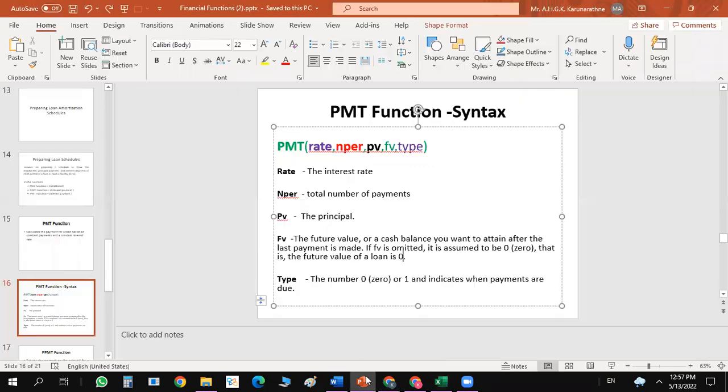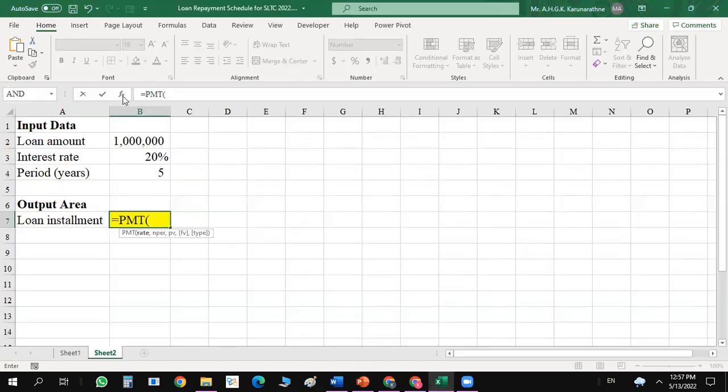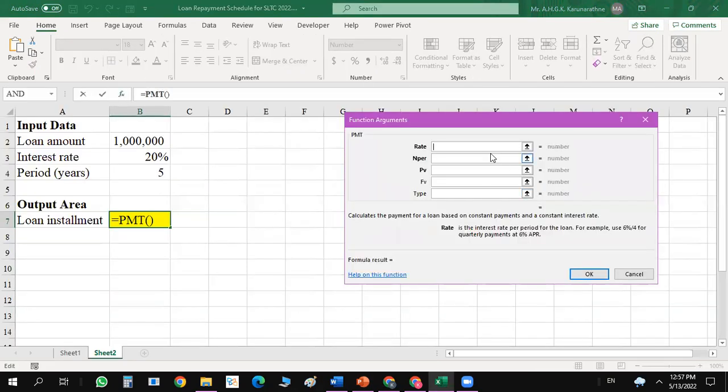These are what we have explained here: PMT, rate, NPER, PV, FV, type, all are there, right? So I will expand it to show the dialog box clearly. Rate, you just select the rate and make it constant. Then NPER, the number of payments, number of periods. Here I'll put this and make it constant.